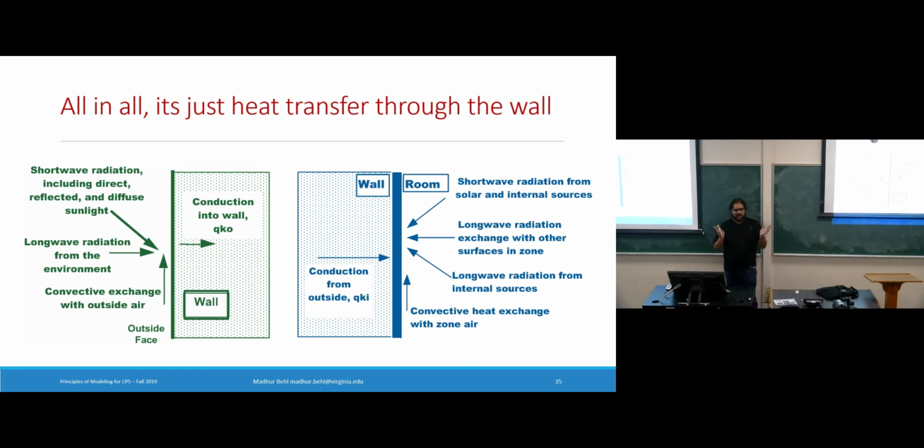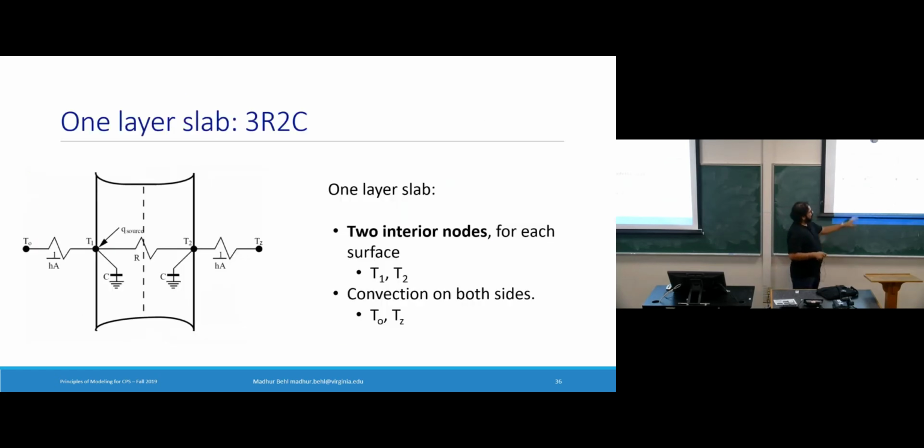Here is what I claim is one way to describe this phenomenon that I just told you, okay? This is my hypothetical wall, this sort of rectangle or almost a rectangle. First of all, I say that the outside boundary condition is the temperature of the air outside, or on the other side of the external wall.